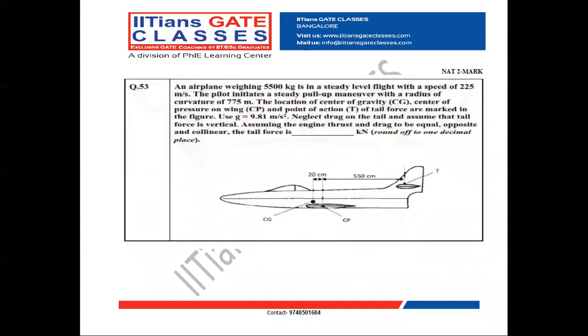Here the tail force they asked in kilonewton, so we calculated only in Newton. In Newton we got tail force T equal to 14499.696 Newton. If it has to be in kilonewton, I have to divide by 1000.